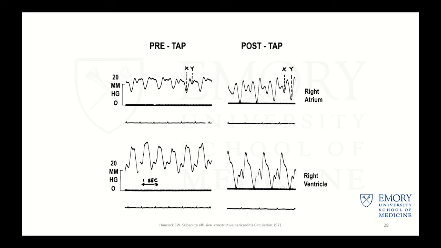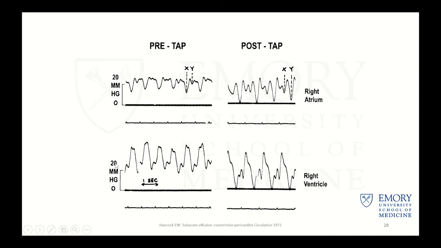Now, this is an interesting tracing of a patient with effusive constrictive pericarditis. On the left-hand side, these are tracings before tap. On the right-hand side, after the pericardiocentesis was performed. Now you can see here, there's a clear blunting of the Y descent on this right atrial tracing. There's an elevated right atrial pressure.